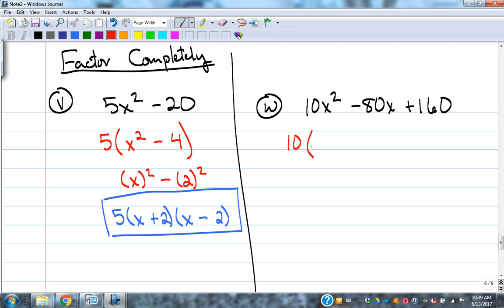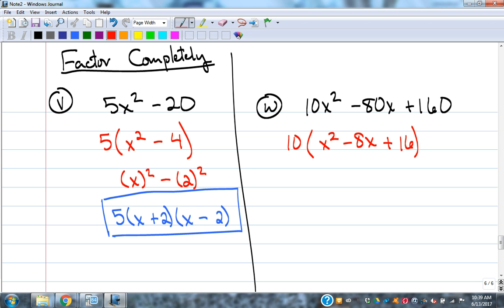What would it leave in parentheses? Plus 16, right, yeah. Okay. So I pulled out the GCF. I'm left with something that has how many terms in parentheses? 3.